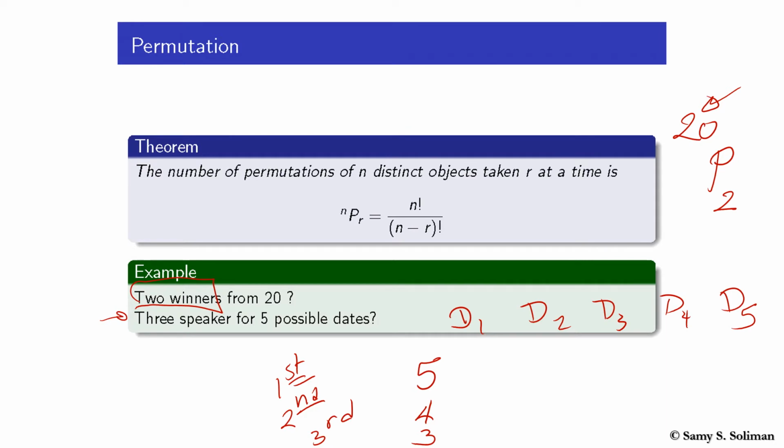So the number of ways 3 speakers can be invited to speak on 5 possible dates will be 5 times 4 times 3. Here, in calculating the permutations, the arrangement of the objects makes a difference, and each different arrangement counts as one distinct way to achieve the requirement, or in this example, one distinct way for such permutations.